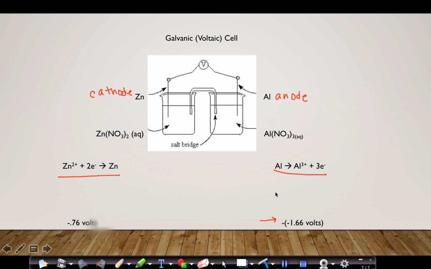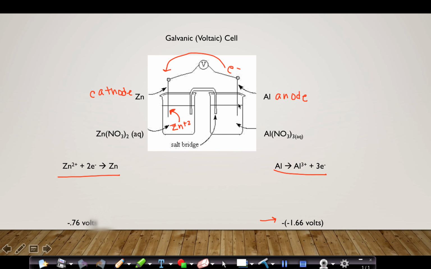cell potential for aluminum. Because aluminum is the anode, that means that electrons travel through the wire from aluminum over towards zinc. The zinc ions that are in solution join on to those electrons on the surface of the metal.